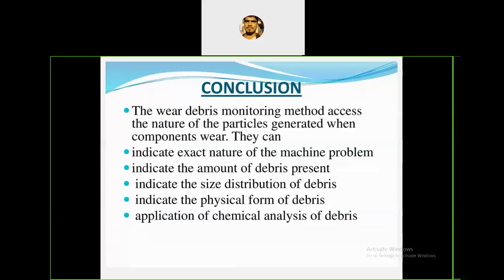It indicates the amount of debris present, meaning the amount of wear, the size distribution, the physical form, and the application of chemical analysis. Everything is analyzed by this debris technique.